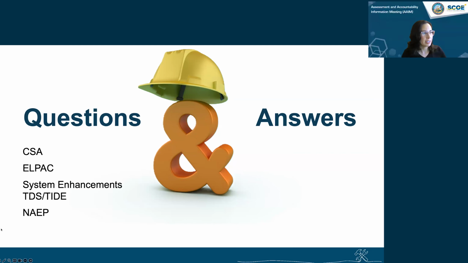Thanks, Judy. We just have one follow-up question regarding SIRS and one of the recent SIRS enhancements, which is the availability of a file that contains student responses to the interim assessment items. The question is where to access that file in SIRS.